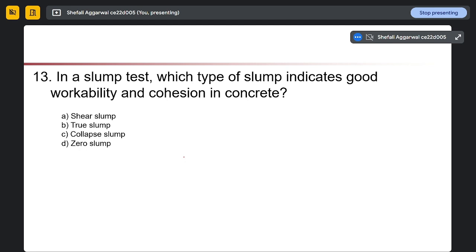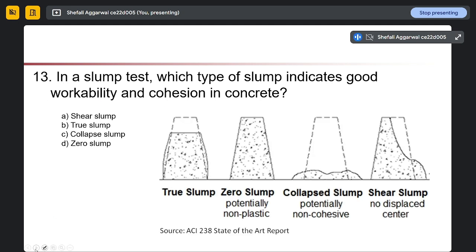Whenever there is free lime or free magnesia present in our cement, what will happen when we add water? This free lime will react with the water and can cause expansion of our concrete, which can be tested by the soundness test. So the answer is free lime and magnesium.